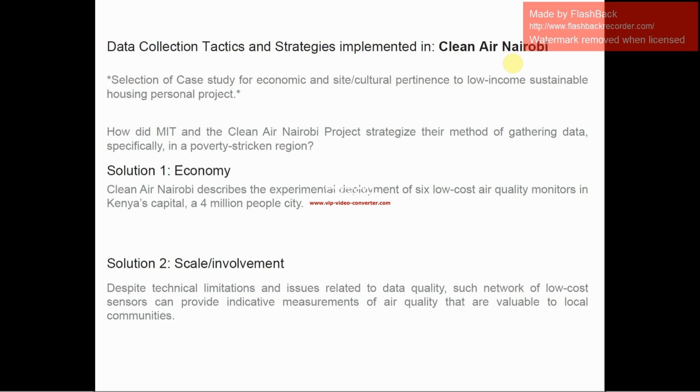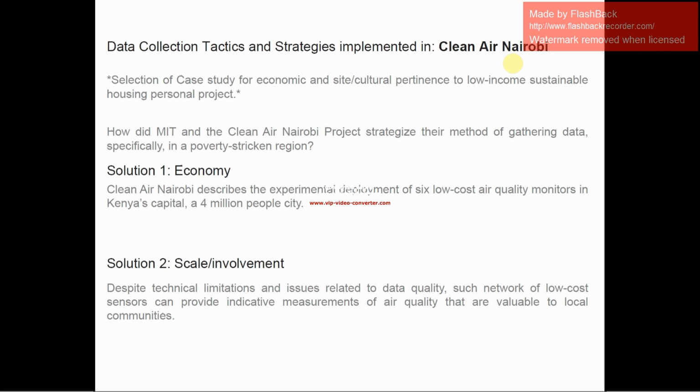And I found the outcome of that and its pertinence to my project was that it took large numbers of people, and just by involving entire cities in the data set and making it very easy and simple to gather the information, they're able to get a more accurate understanding of what exactly the problem is and how many people are experiencing that problem.